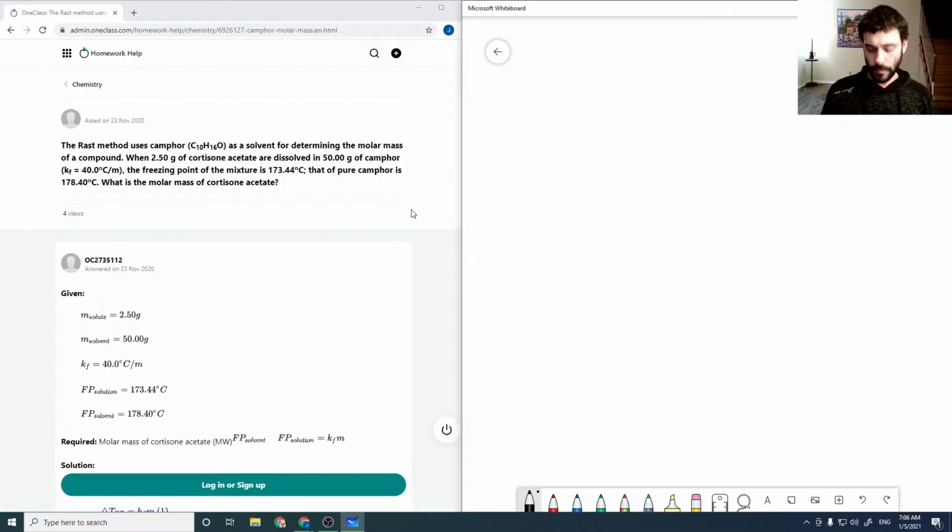Okay. So for my next question, it says the RAST method uses CAMP4, which is C10H16O, to determine the molar mass of a compound based on freezing point depression.